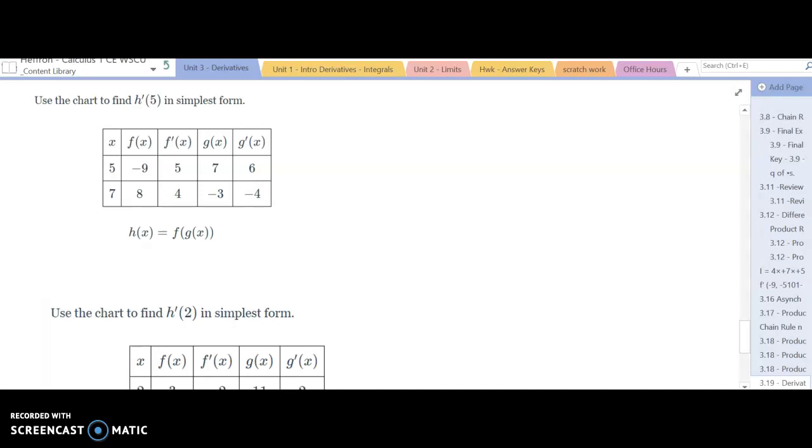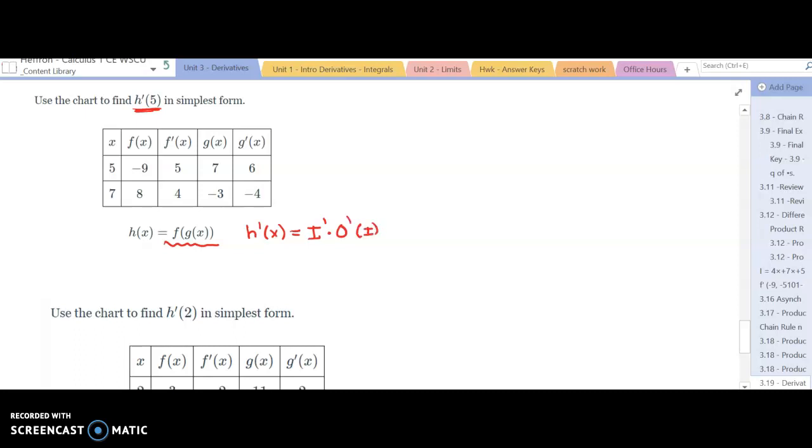Here's another derivative rule. We know this because it says find h prime of 5, and we've been told that h is a chain rule. g is inside of f. So we know h prime of x will be the inner prime times the outer prime with the inner plugged back in.